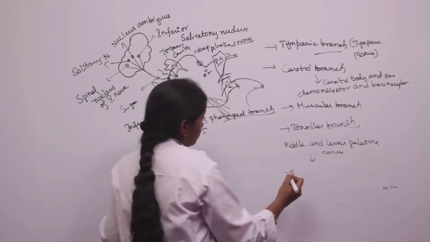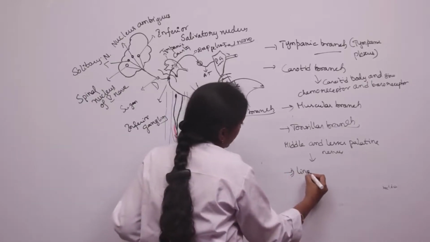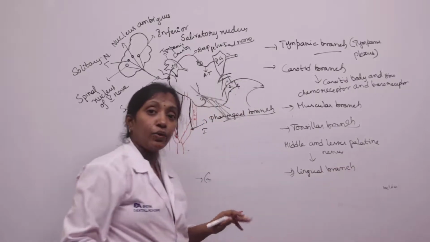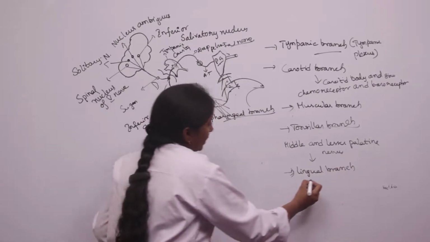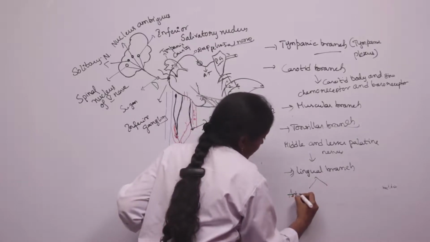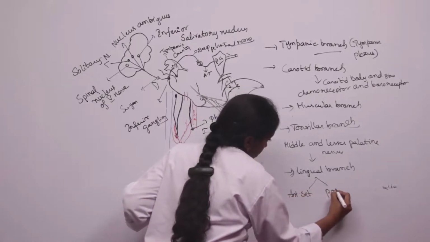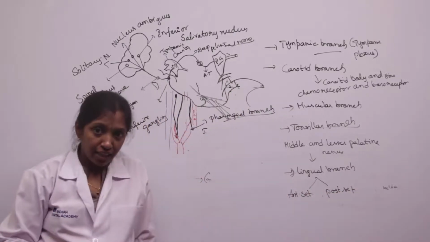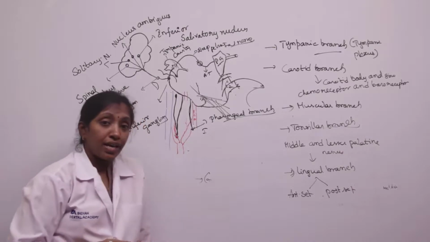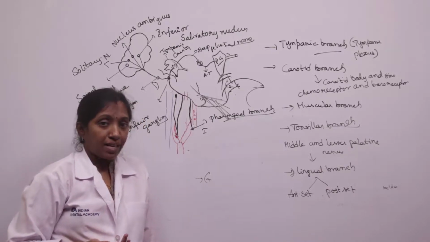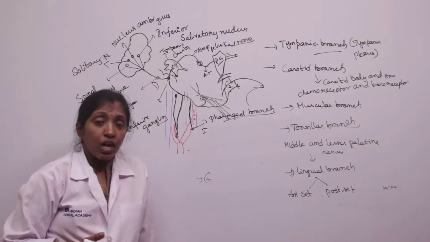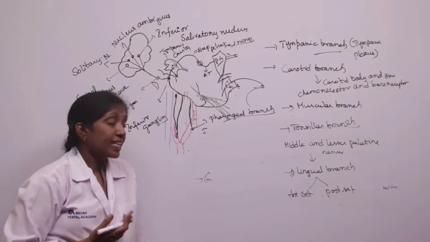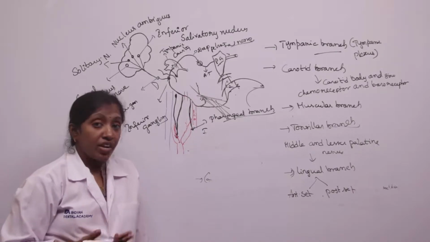Coming to the lingual branch, the lingual branches are arranged in two sets, anterior set and posterior set. The anterior set supplies the vallate papillae in front of the sulcus, and the posterior set supplies the post-sulcal part of the tongue, which carries taste sensation as well as general sensation.